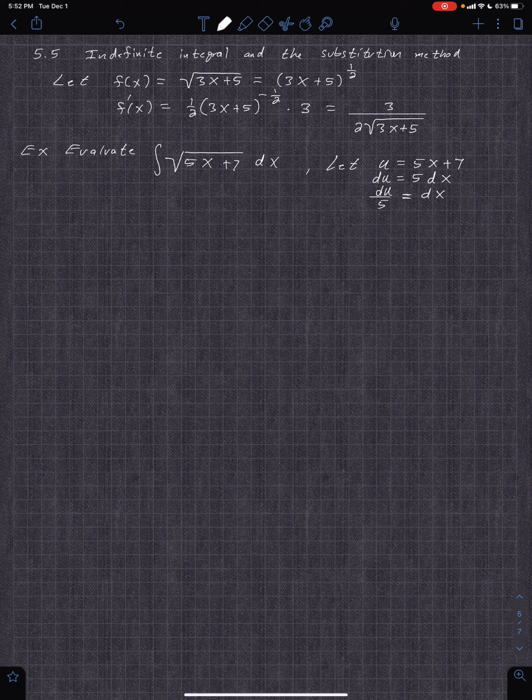So you say this is equal to the integral of the square root, and then make your substitution for 5x plus 7, which is just u. And then it's times your dx. But what's your dx? It is du over 5. And so I like to rewrite that.